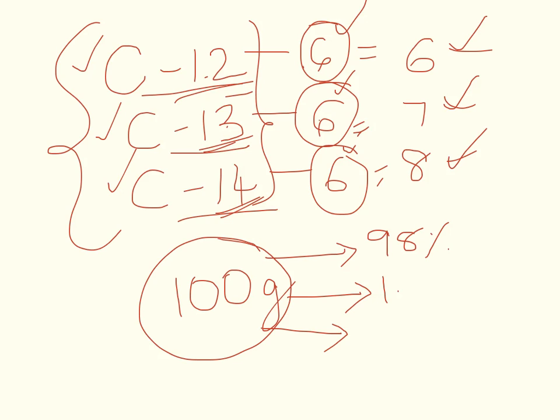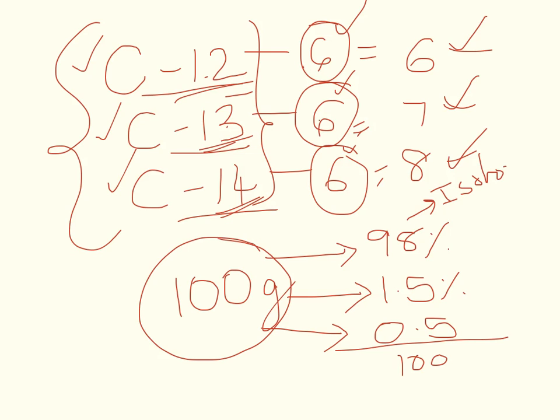This one is 1.5%. This one is 0.5%. So all of it put together, 100. Right? This percent value is known as isotopic abundance.